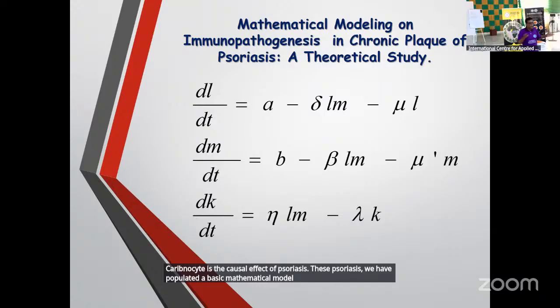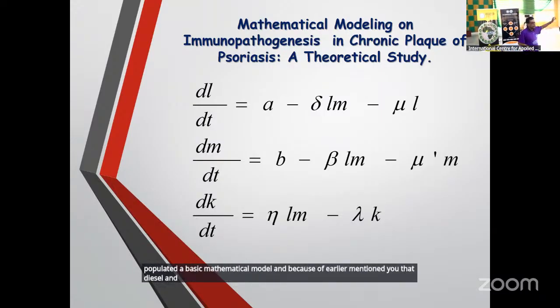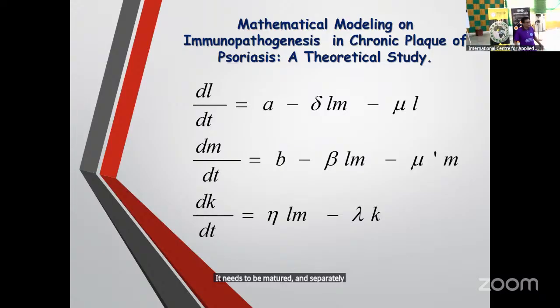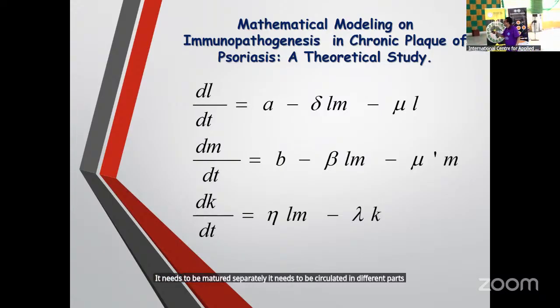I have earlier mentioned that T cells and B cells are both immune cells, and these immune cells are produced from the bone marrow and thymus. They are matured and separately circulated in different parts of the immune system.